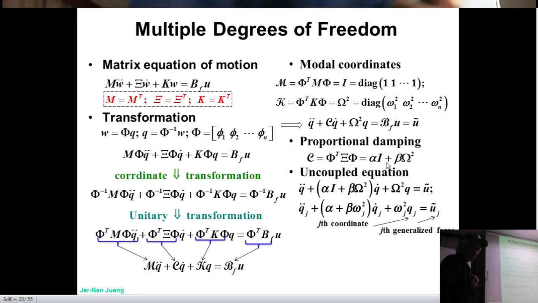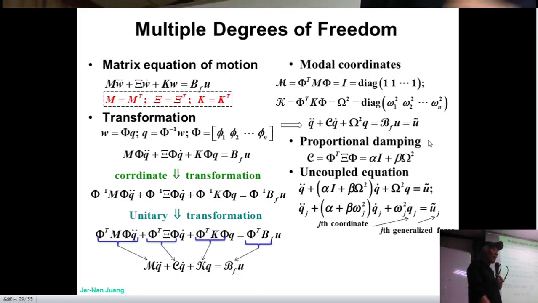That's what happens here. So we have beta here, and omega squared is this diagonal matrix. That beta is a constant, which means I have a constant multiplied by all the frequencies. Assume I have the same constant, the same damping ratio, for all the frequencies. That's what it means.